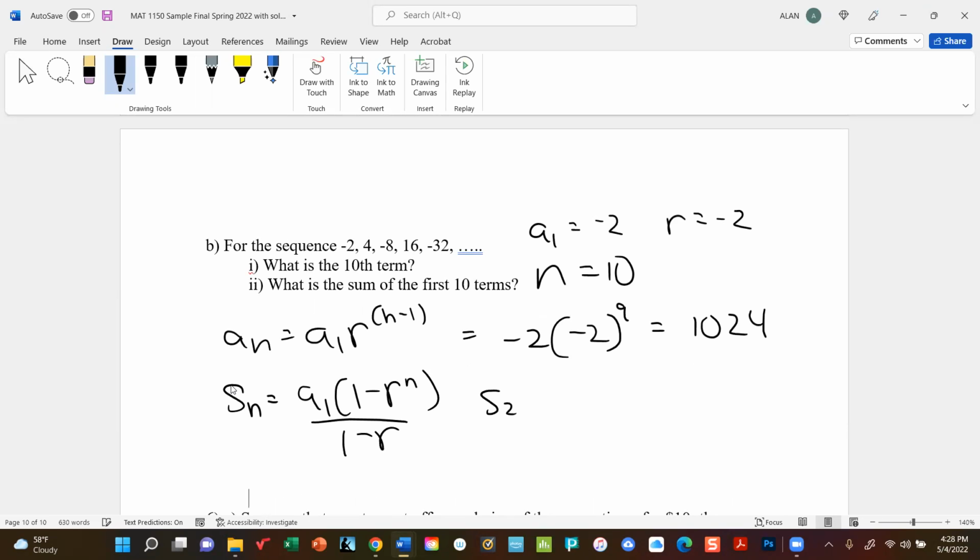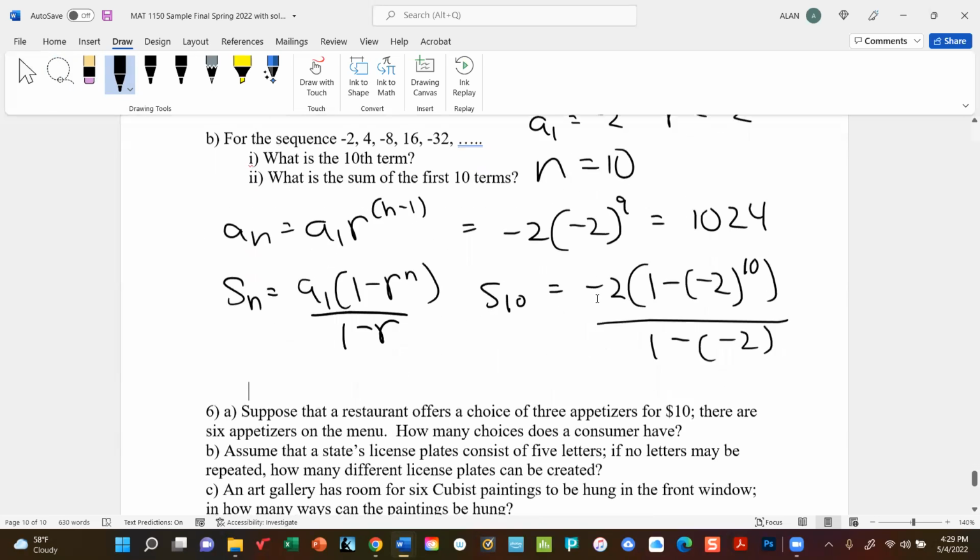So S10 is -2 times 1 minus -2 to the 10th, all over 1 minus the common ratio, which is -2. Sorry, it's not 20, it's 10.